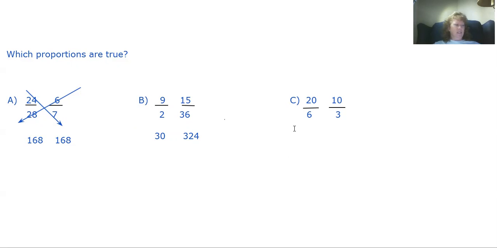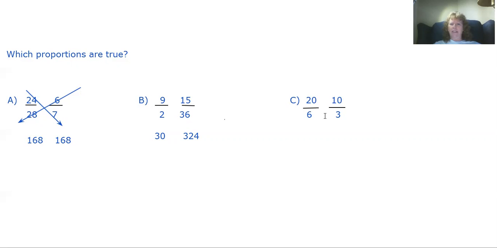In this last one, let's look at another way to do the question besides cross multiply. Since we know that ratios can be reduced like fractions when they have a top and bottom number, if we took 20 and divided by 2, we would get 10.